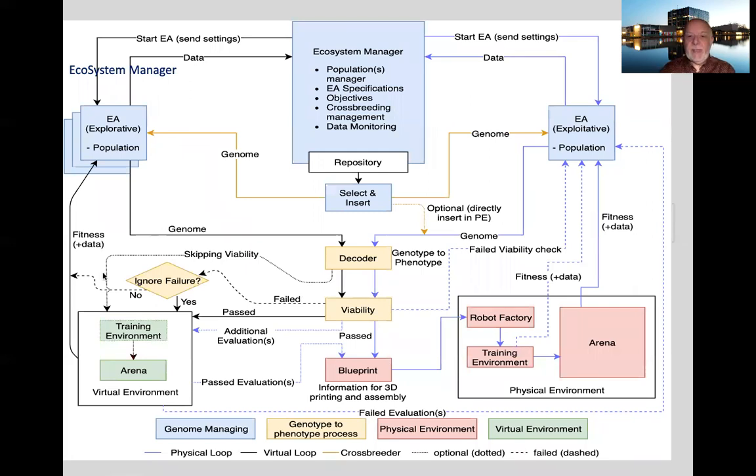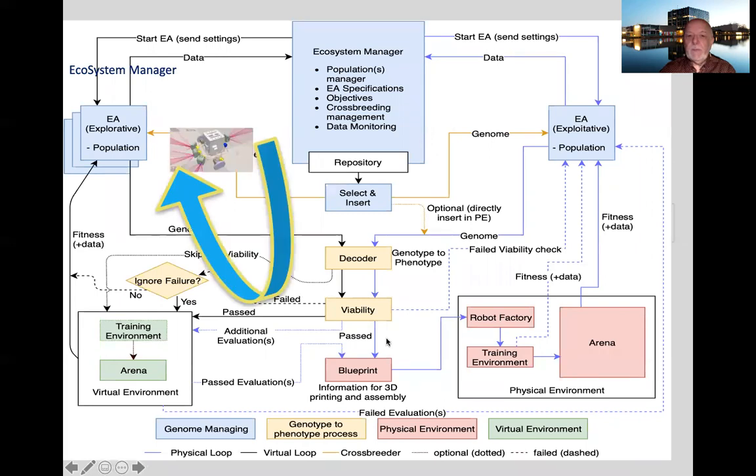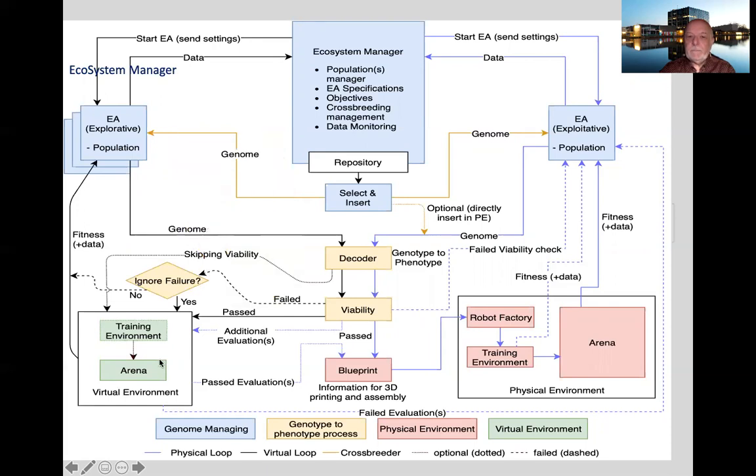What we've got again on the left-hand side is the virtual environment, and on the right-hand side is the physical environment. Here we've got a loop which builds virtual robots which are run in a virtual arena down here on the left-hand side. Okay, let me go back a bit. Because ultimately we also want to build them, we've got an extra test, which is to do with the viability, the manufacturability.